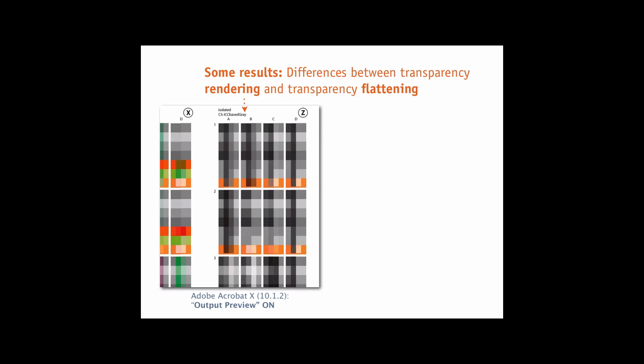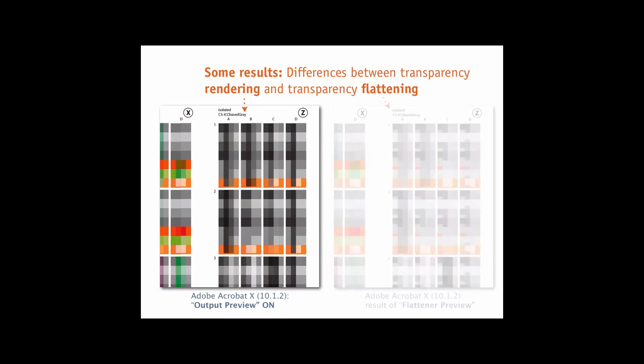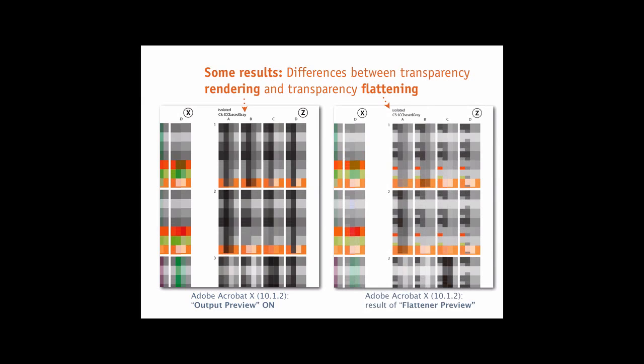And it predicts what is to be expected if it comes to an output with an Adobe PDF Print Engine as the system preparing the output on print, doing live transparency and rendering it without flattening. And this is what comes out of Flattener Preview, which is not the same.